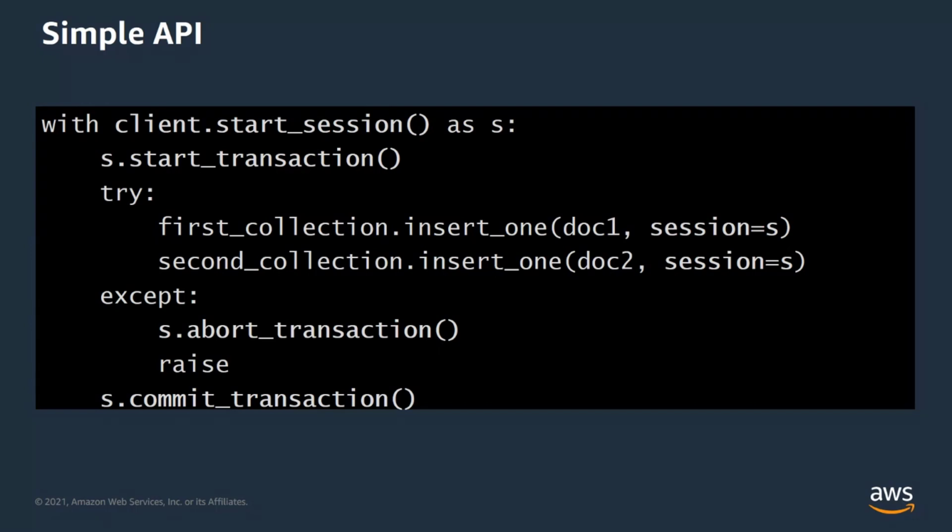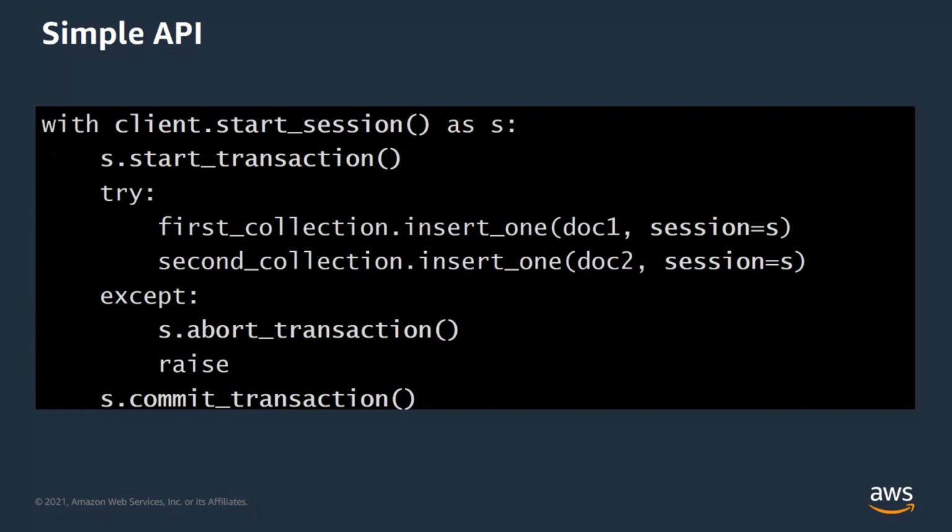You've got this session, and you start the transaction on the session. Well, I didn't say this, but when you do the write operations, an insert, an update, a delete, you want to make sure that you pass in this session. You can actually do a query that's not part of the session.